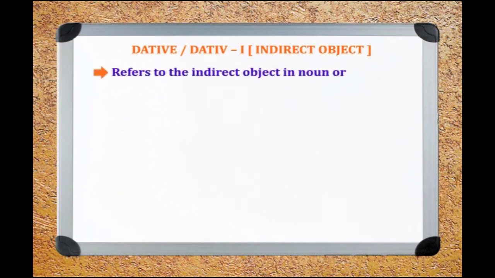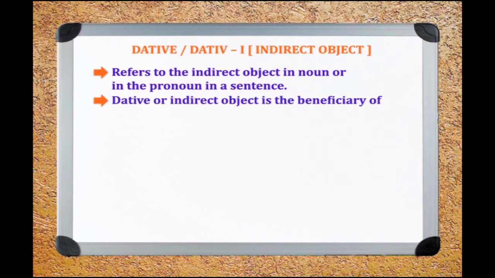Dative refers to the indirect object, a noun or a pronoun in a sentence. Dative, or an indirect object, is the beneficiary of whatever happens in a sentence.